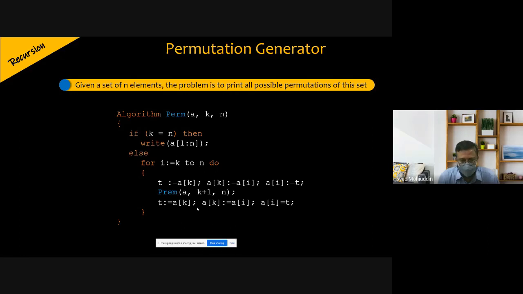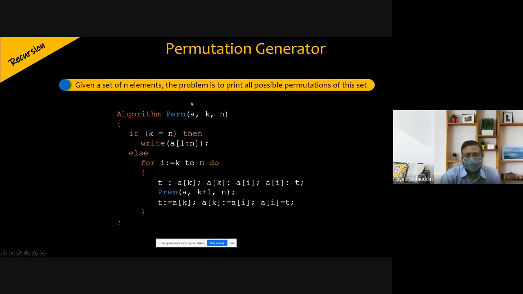Now, the best way to check this problem, or how this works in any programming language, whether it is C, C++, or Python, is we can start with a. Let's suppose we have 3 or 4 elements. Let's say if we have 4 elements, then call perm first by passing 1, 4.